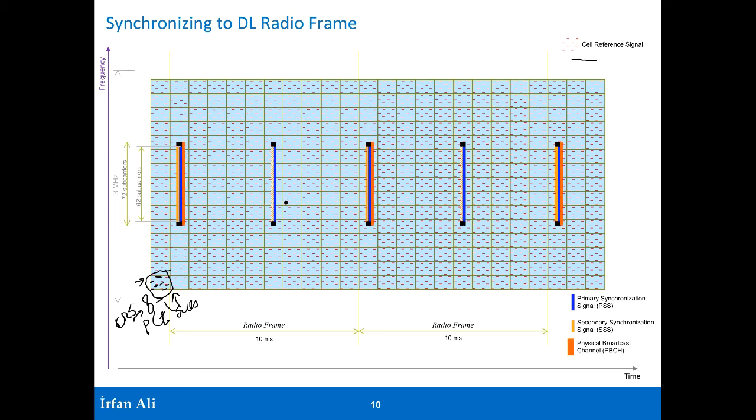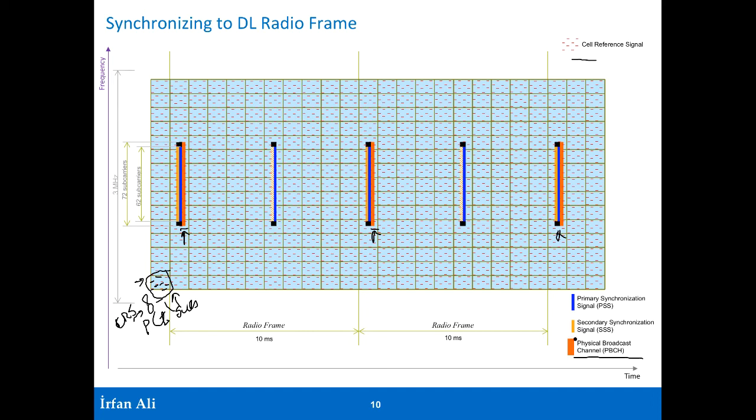In addition to this, the next thing that the mobile decodes is the physical broadcast channel, which is the most important and basic information about the cell that is being broadcast, and it is broadcast every 10 milliseconds.